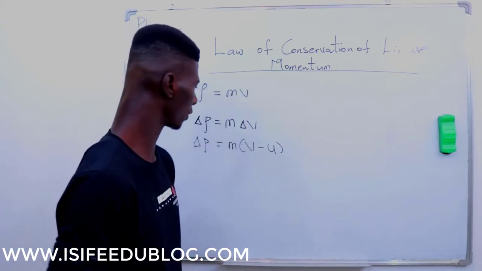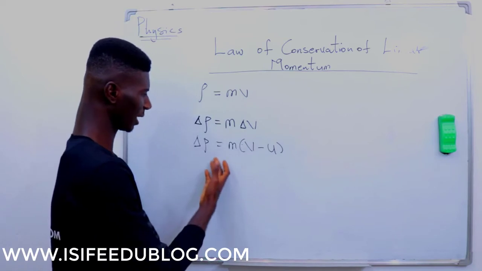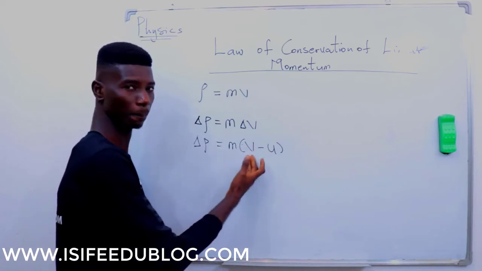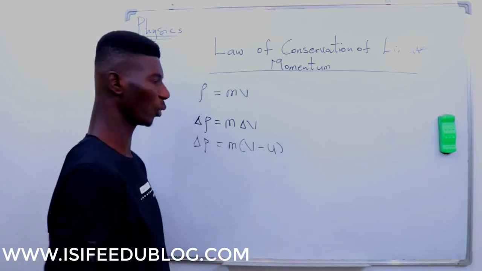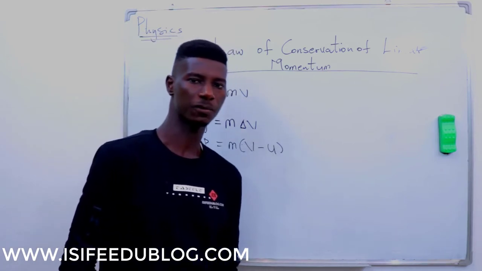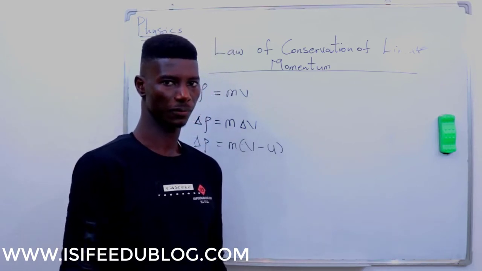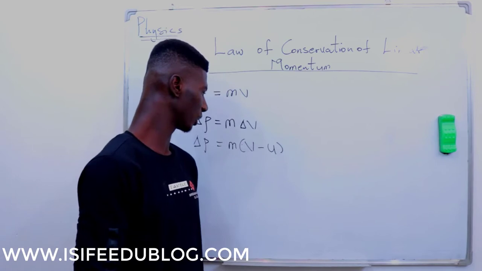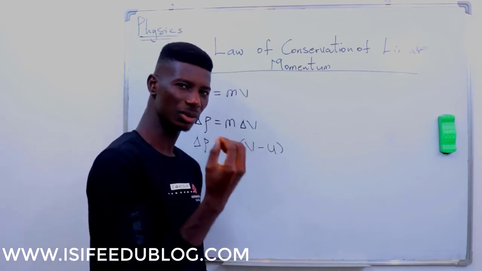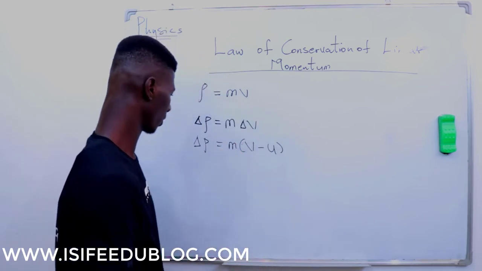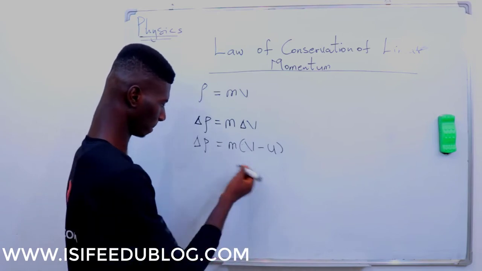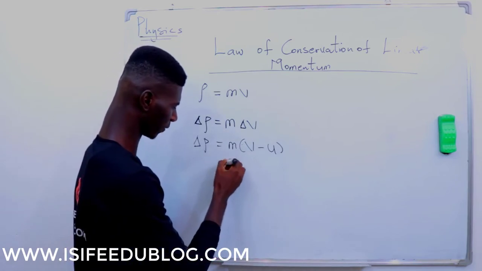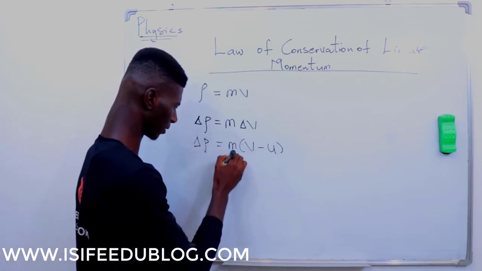From the previous video, this change can only occur when there is the presence of what? A force acting. This change is happening in a little time, just a short interval. This short interval will cause a force.